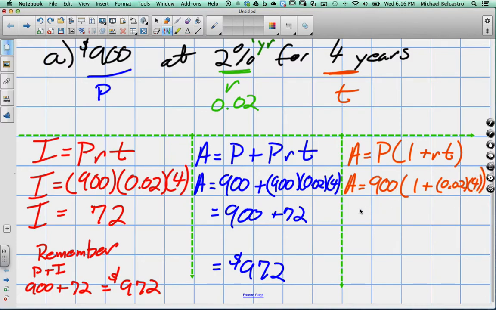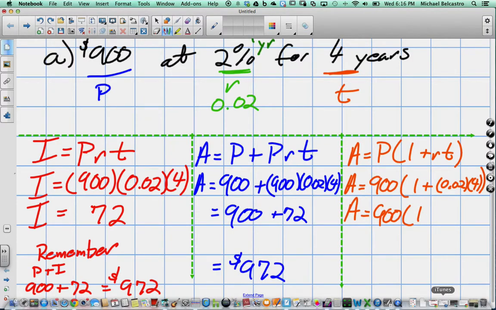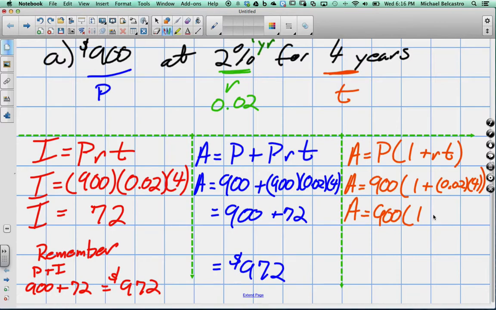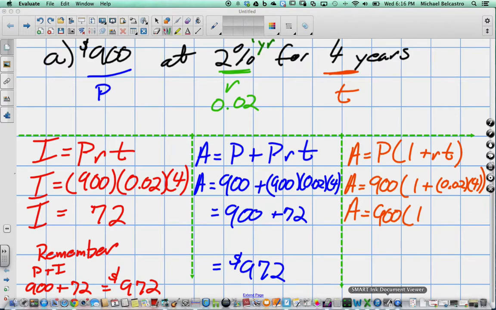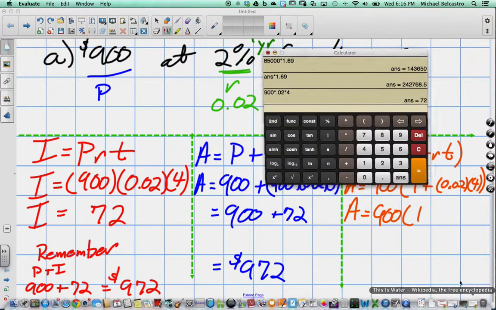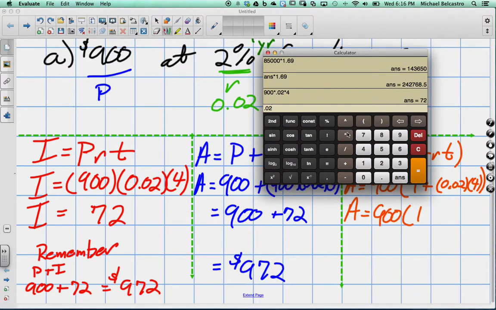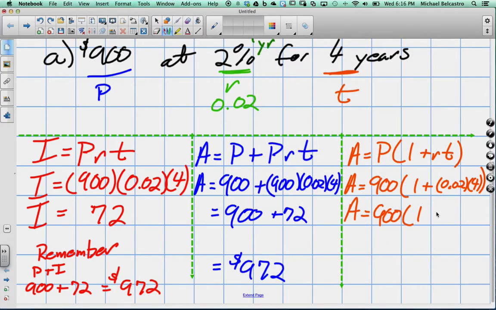So we have to do what's inside the brackets first. I'm going to tell you that that is going to be 0.08, and we'll just prove it with our calculator. 0.02 times 4, 0.08. Perfect. So 1 plus 0.08.